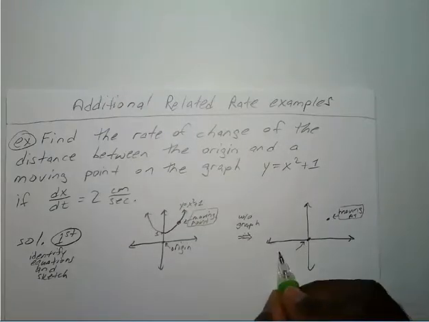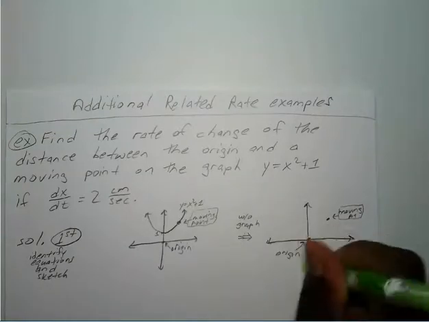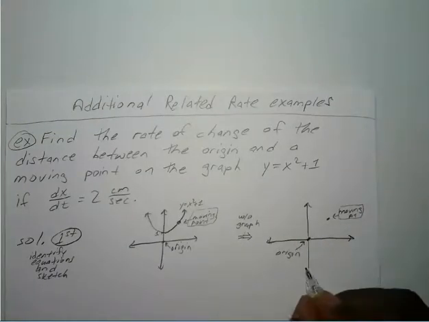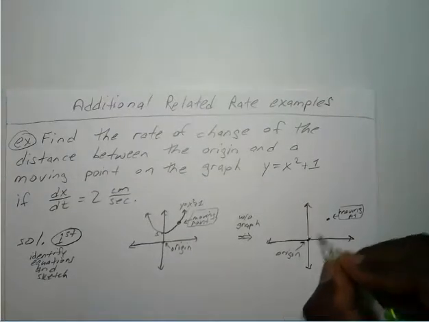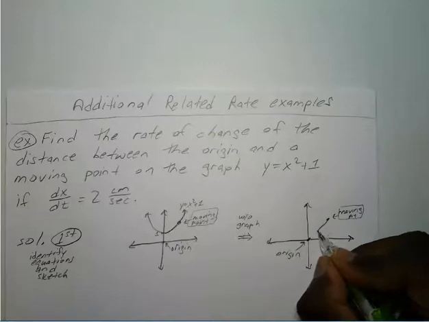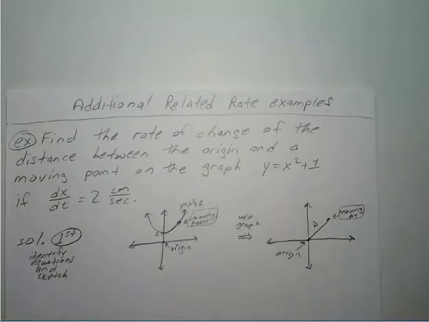And again, that's your origin. Let me clean this up a little. Now between your origin and that moving point, we're going to connect them, and we're going to call that our distance d.